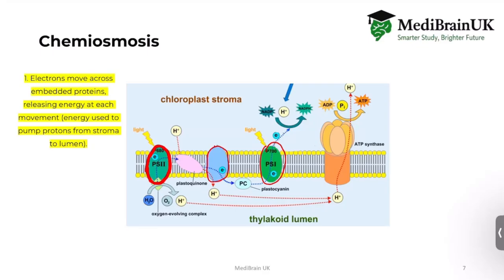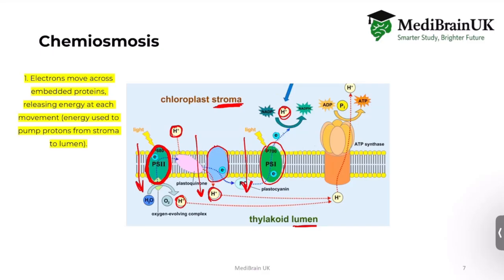Because the energy is required to pump protons, which are H pluses, from the stroma to the lumen. This is your stroma on this side, and this is your lumen on this side. There are hydrogen ions present on this side, and there are hydrogen ions present on the lumen side as well. Now, these hydrogen ions from the stroma need to be pumped to the other side.